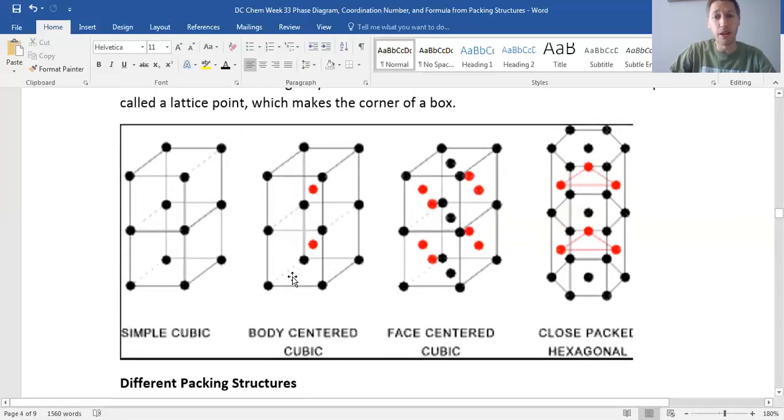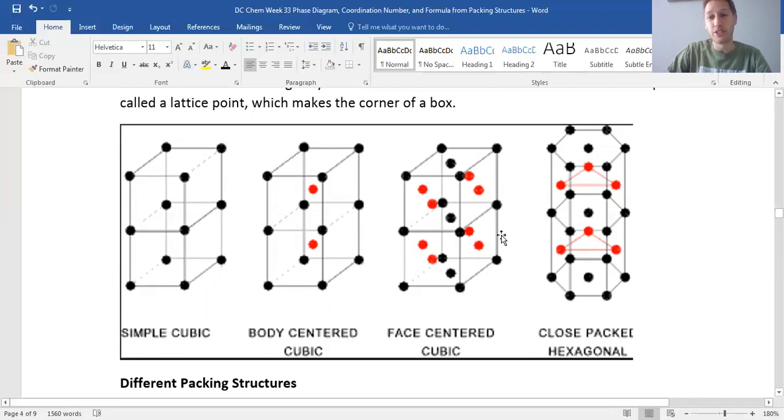In this class, we're talking about 3 packing structures, 3 different unit cells. We're going to have simple cubic, body center cubic, and then face center cubic. In this class, we're going to talk about face center cubic and close packed hexagonal as the same. They're almost the same. As far as we're concerned in this class, they're pretty much identical.